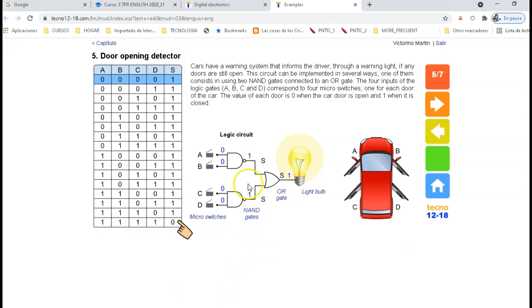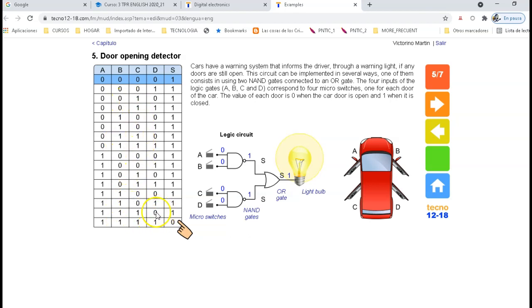So here, this is the symbol of the NAND gate that I'm using here. What is the case where I don't have any alarm on? In this case, when all the gates are in the one state, when all the gates are open, and I obtain 1 in the light of the alarm in any of the other combinations.